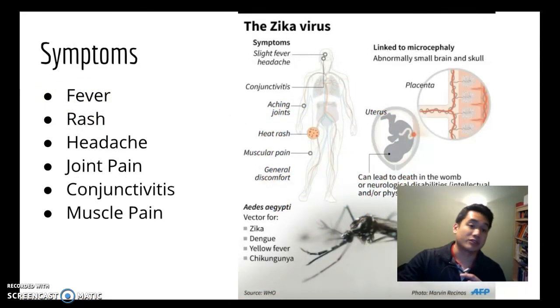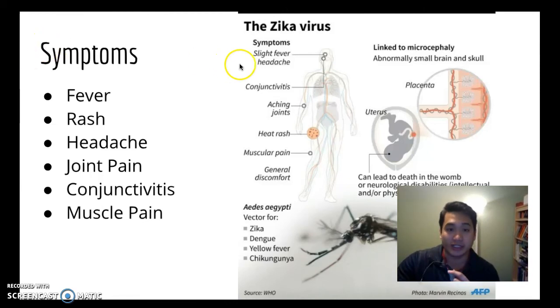Symptoms of the Zika virus include fever, rash, headache, joint pain, conjunctivitis, and muscle pain. Conjunctivitis is just a big word for redness in the eyes. This image on the right is just an outline of the symptoms.